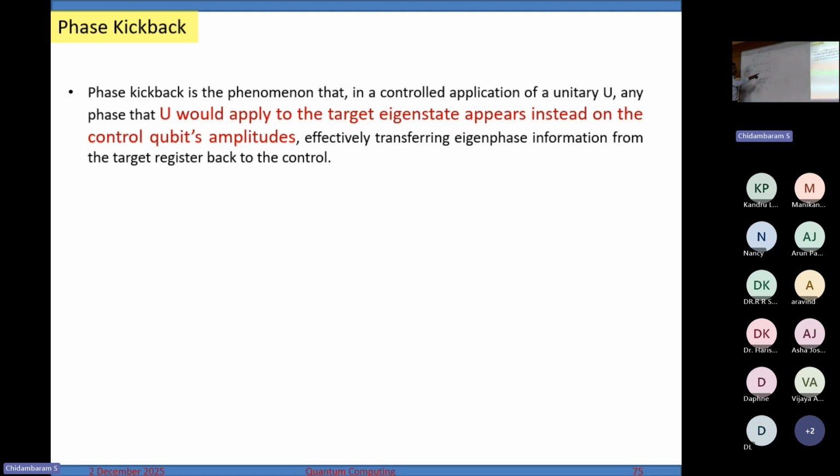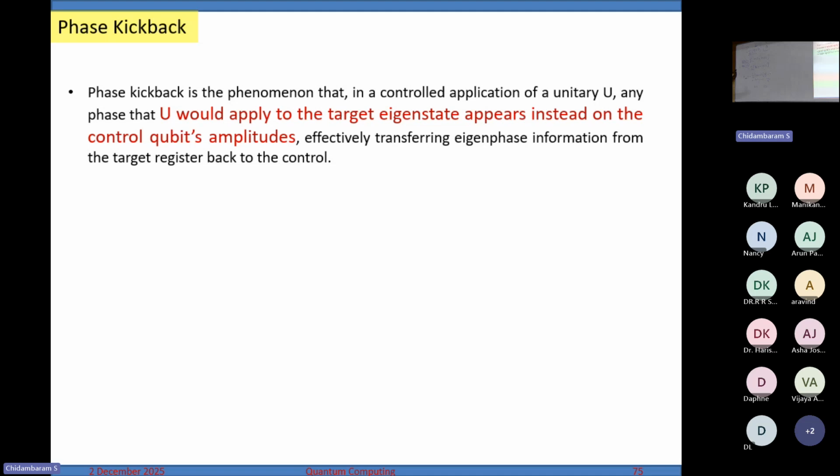The phase gets flipped, so 11 becomes minus 11. That is the CZ gate, as the truth table given this morning shows. In a two qubit system, ket 0 ket 0 means control and target. Applying CZ, you get the control and target as they are, because control is 0, but for 11 the phase gets flipped. That's why you have minus 11.